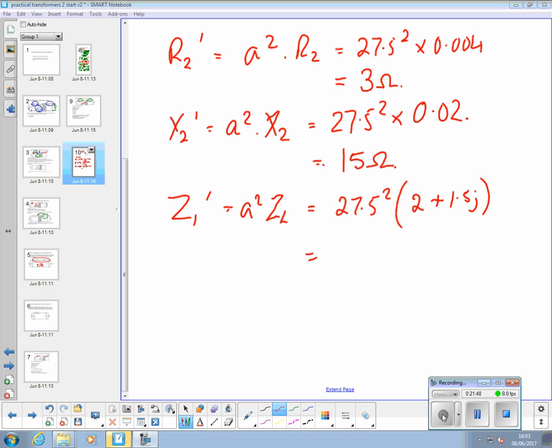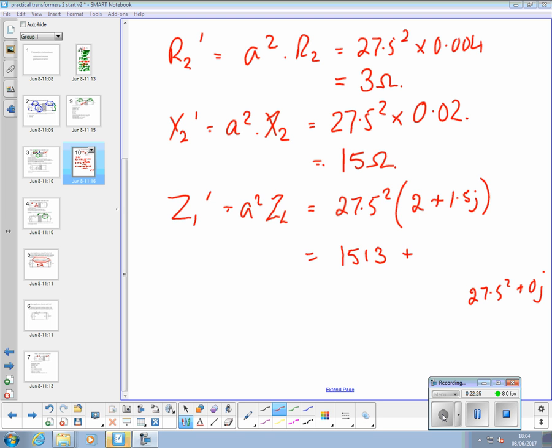Got to do that times that separately from that times that. No, you've got to do that times that and multiply by J. So you've got to do 1.5 times. If we write that as a complex number, that's 27.5 squared plus 0J.